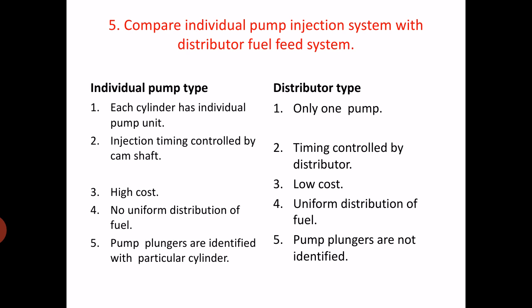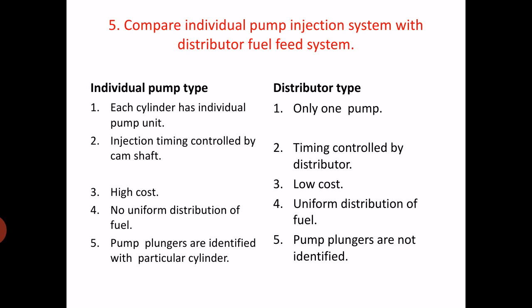In the individual pump system, timing is controlled by the camshaft, but in the distributor system, timing is controlled by a rotating distributor. It will supply to different cylinders according to the firing order.